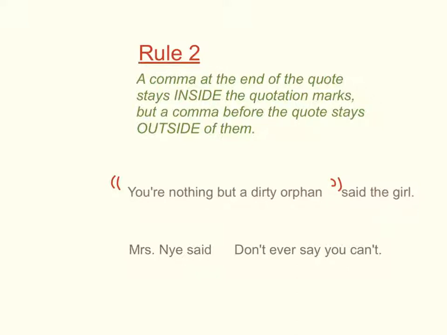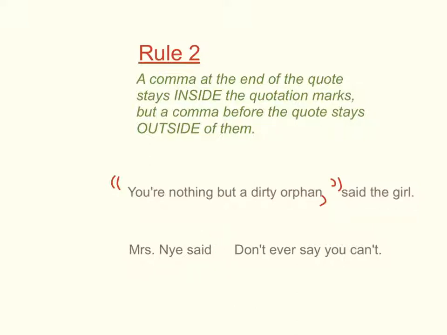Inside the quotation marks. So, "You're nothing but a dirty orphan," said the girl. And that comma at the end of the quote stays inside the quotation marks. And it's the opposite if we do it the other way around. So here, "said the girl" comes after the quote. In this next sentence, "Mrs. Nye said" comes at the beginning.